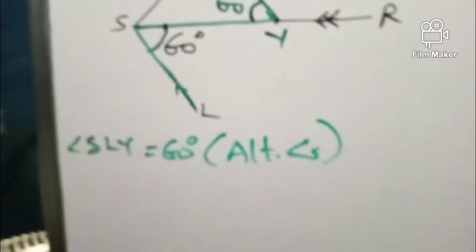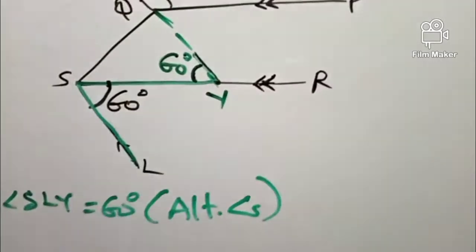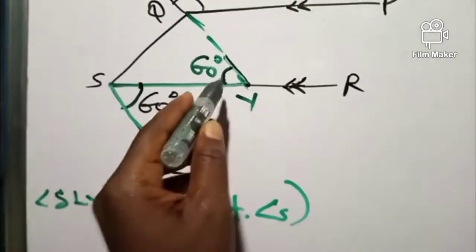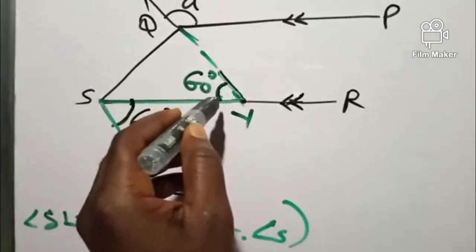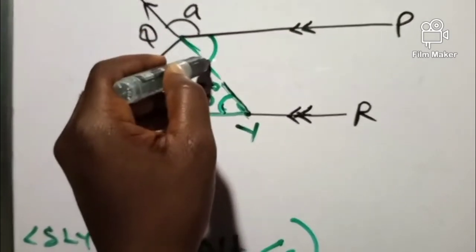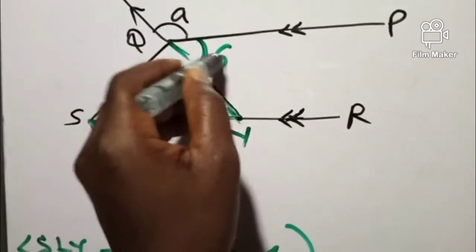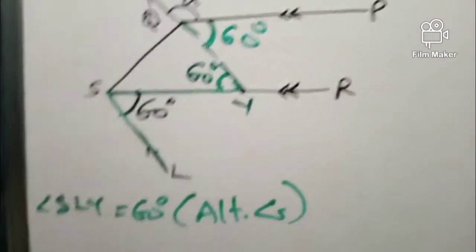So that's for that, alternate angles. Now, if this is 60, this angle here and the angle here also form a Z. So if this is 60, this will also be 60 degrees.